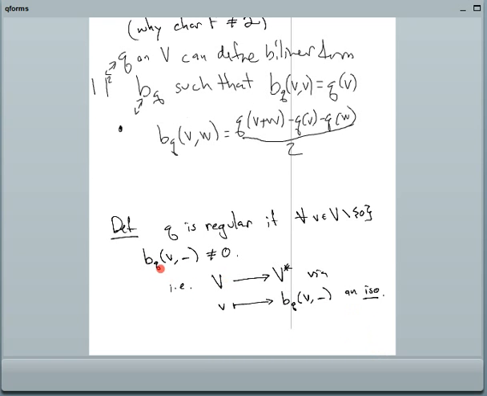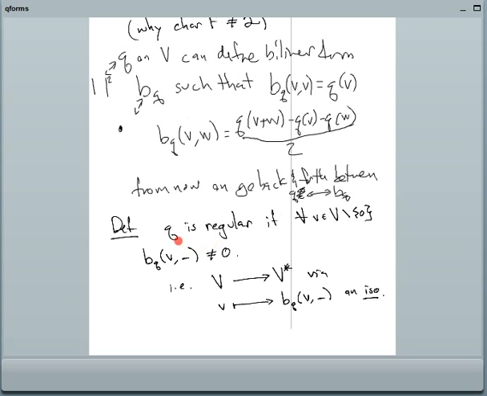It just means that if you have a vector V... I should just say from now on, we'll go back and forth between the quadratic form Q and the bilinear form. These two objects contain the same information, so we should think of a quadratic form as really the same as a bilinear form and vice versa.